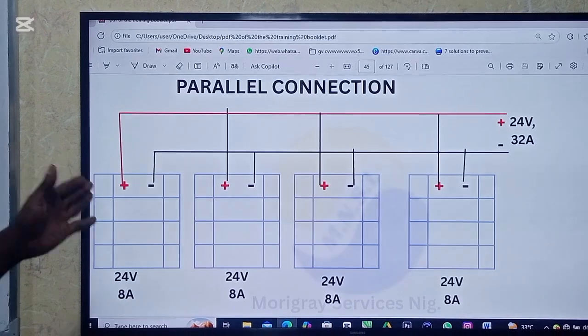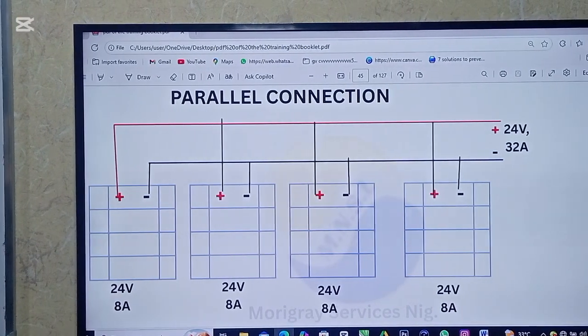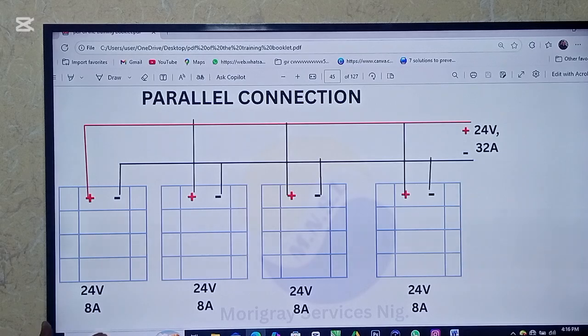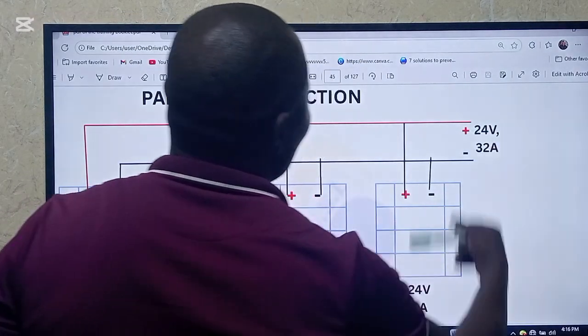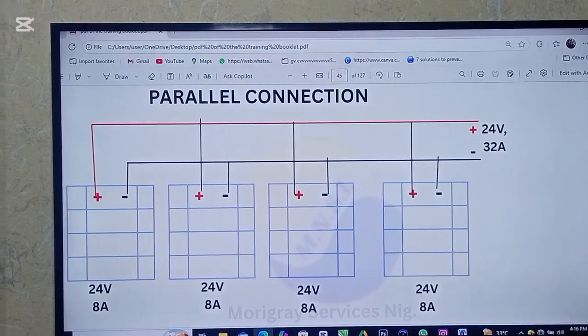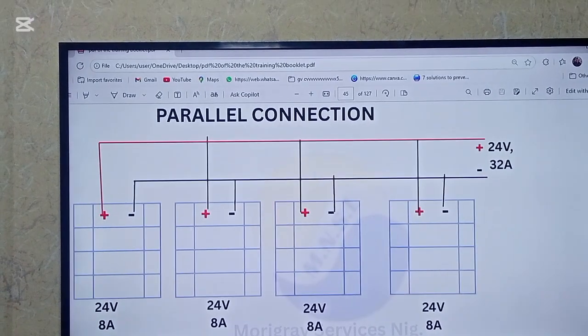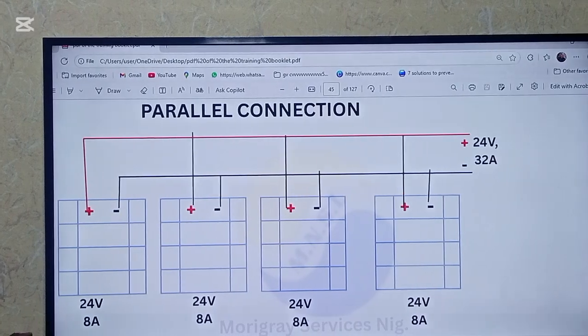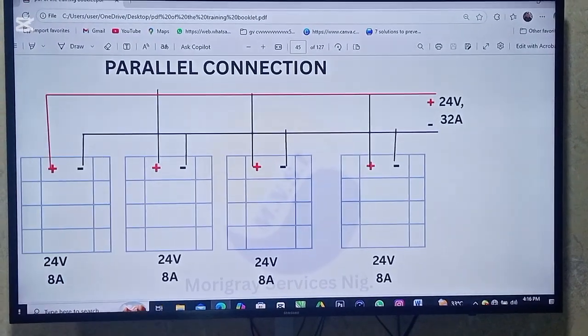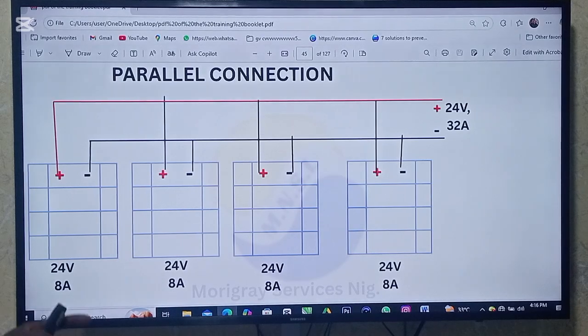In the parallel connection, as I earlier said, the voltage remains the same. If the voltage remains the same at 24 volts, that is to say the output is going to be 24 volts. And you see that the current is adding up one by one.